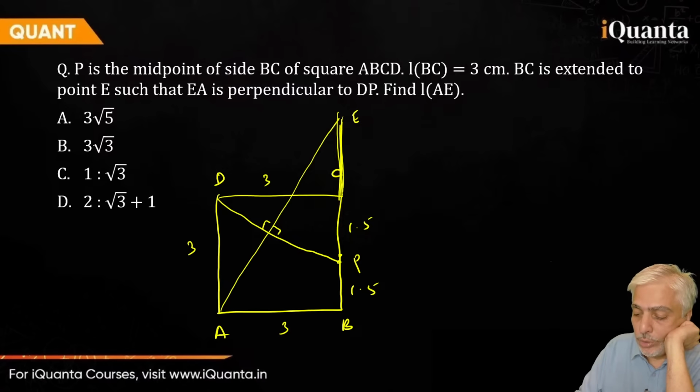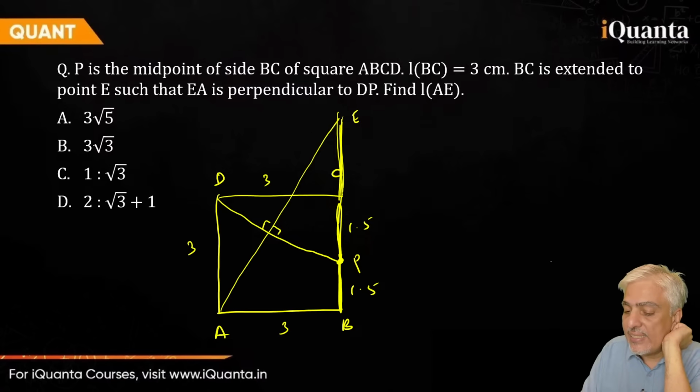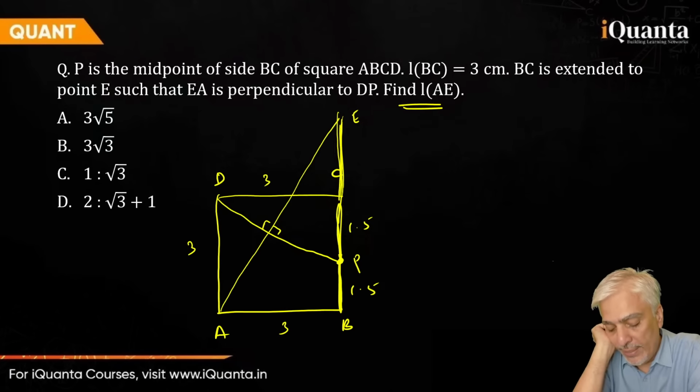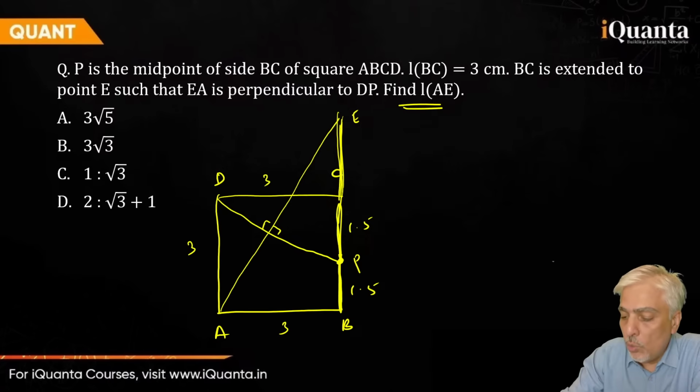Go through the whole thing one more time. P is the midpoint over here. This is 1.5. This is also 1.5. BC is 3. BC is extended to E, so that EA is perpendicular to DP. Now you need to find AE. Anybody think? You want to find EC. How will you get EC?